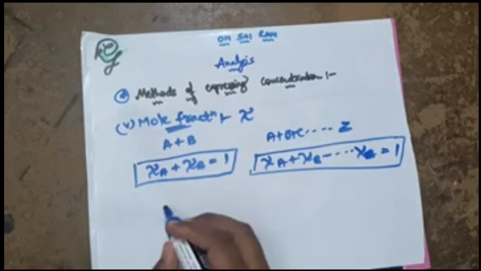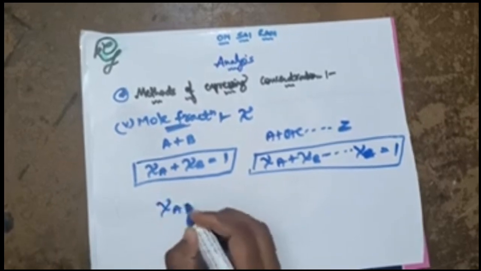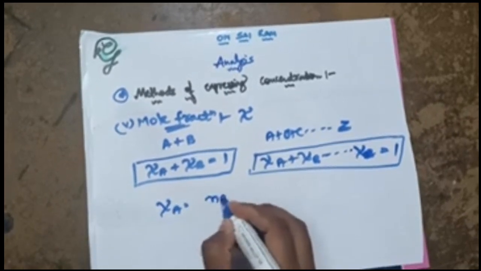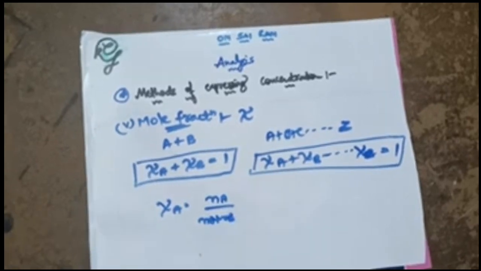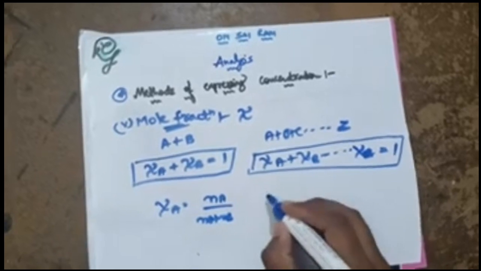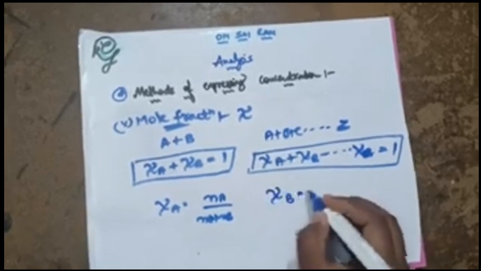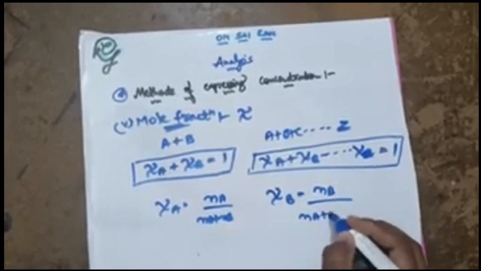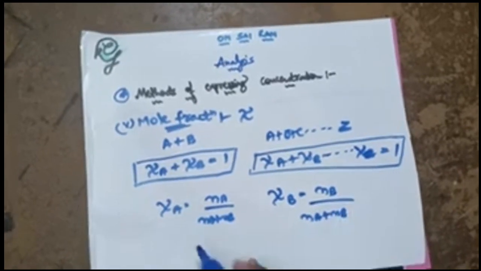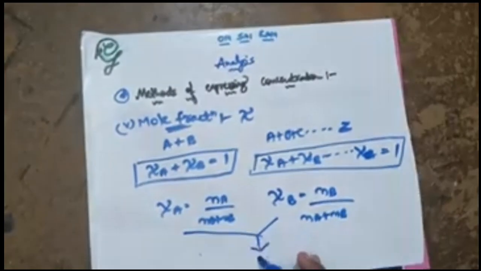So what is actually mole fraction? Mole fraction of A is number of moles of A by total number of moles of the solution, that is Na plus Nb. Mole fraction of B is number of moles of B by Na plus Nb. Always these both add up to 1.